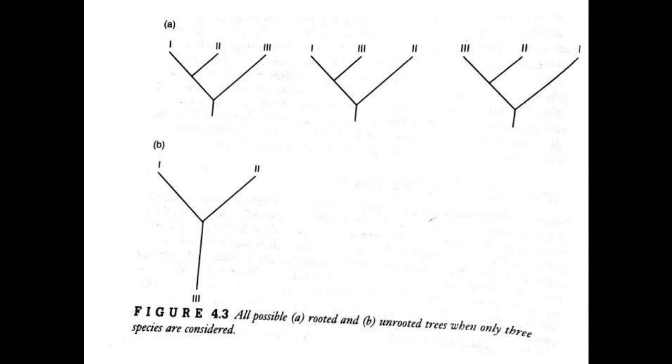So three possibilities exist, and the relationship between the nodes between the species can be identified by understanding or determining the outgroup. So the software program or algorithm analyzes the species and determines the ancestor and forms rooted trees.